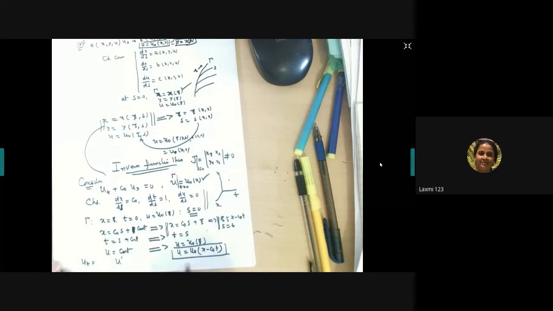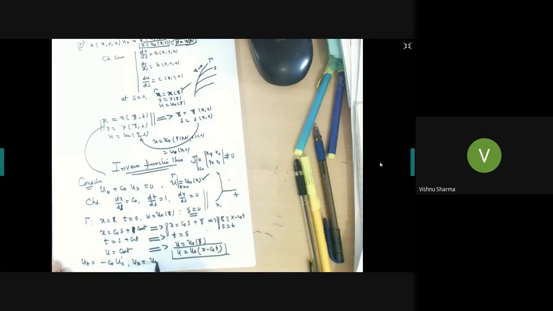So u naught prime means the derivative with respect to the argument function, which I just denote as some variable eta. So u naught prime of eta into the derivative of eta with respect to t, which is minus c naught.